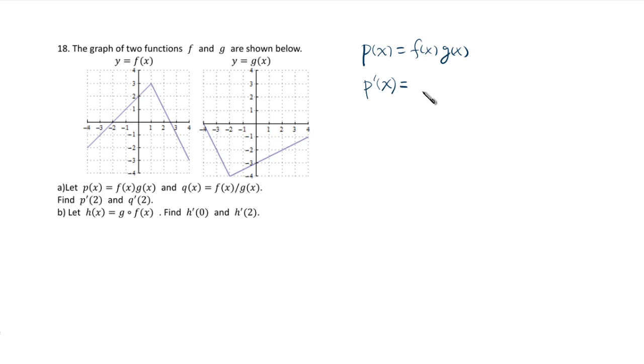So we're going to differentiate this, and because it's a product, we're going to use the product rule. Differentiate the first, keep the second, plus keep the first, differentiate the second.